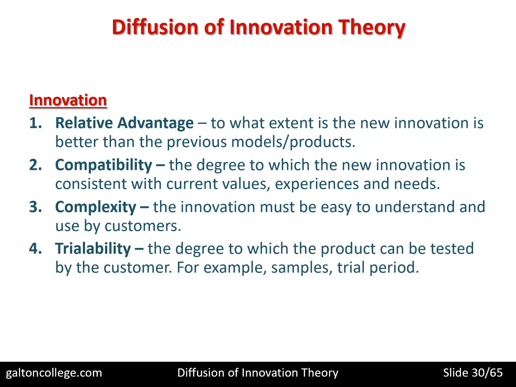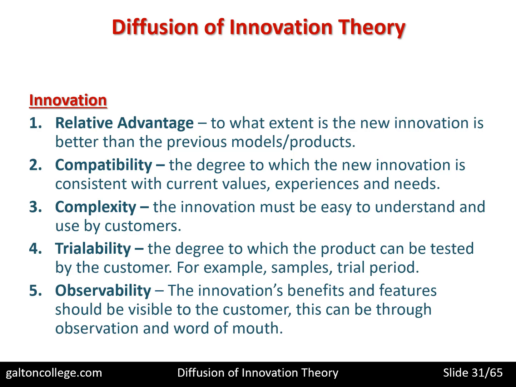Trialability, I mentioned, well, the degree to which the product can be tested by customers, a trial period, as I said, perhaps test driving a car, making sure that the car meets the customer's expectations. And observability, well, the innovation's benefits and features should be visible to the customer. It can be through observation, or it can be through word of mouth.